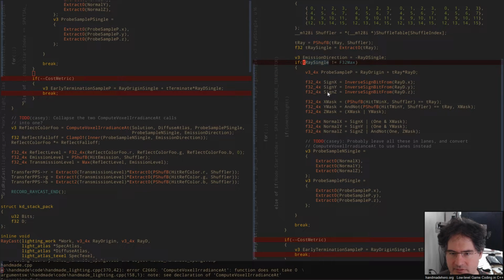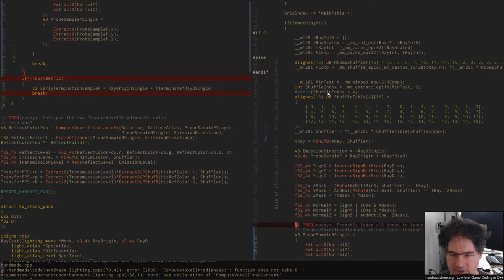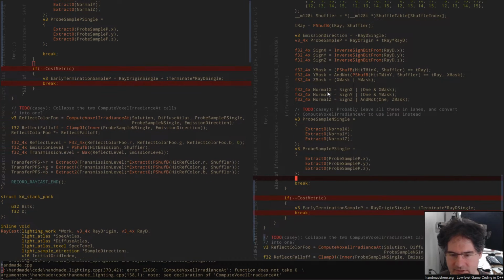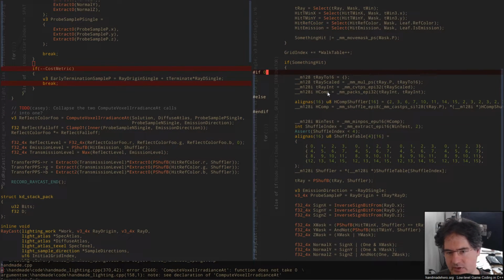In fact, this doesn't need to happen anymore, it looks like, because we now have tested using the mask move here, so we now know that we hit. So we don't need to do this part either. Let me look at what T-ray single is actually doing. Is it doing anything? It doesn't. So we can eliminate this branch entirely because we've already done it, which is nice. It means that at least we're not introducing another one in there. So here you can say, all right, we do the something hit.